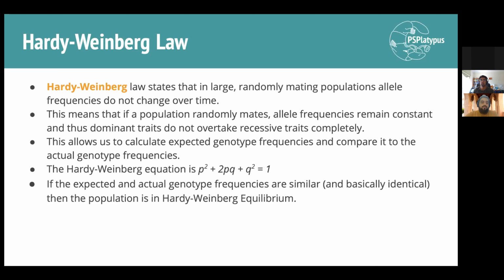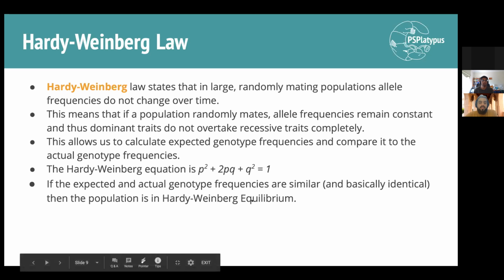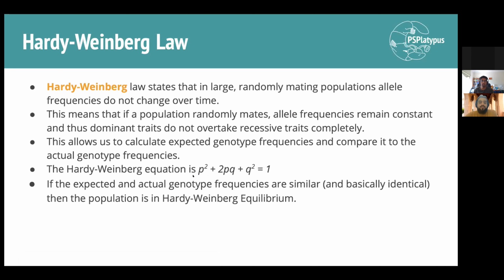But through Hardy-Weinberg law, we can calculate the expected genotype frequencies and then compare them with the actual genotype frequencies. Here we have the equation of Hardy-Weinberg: P squared plus 2PQ plus Q squared equals 1.